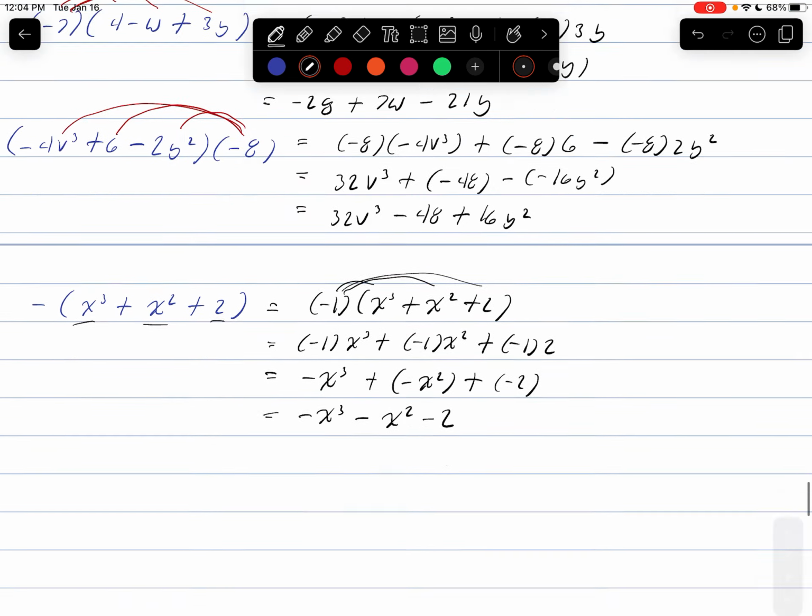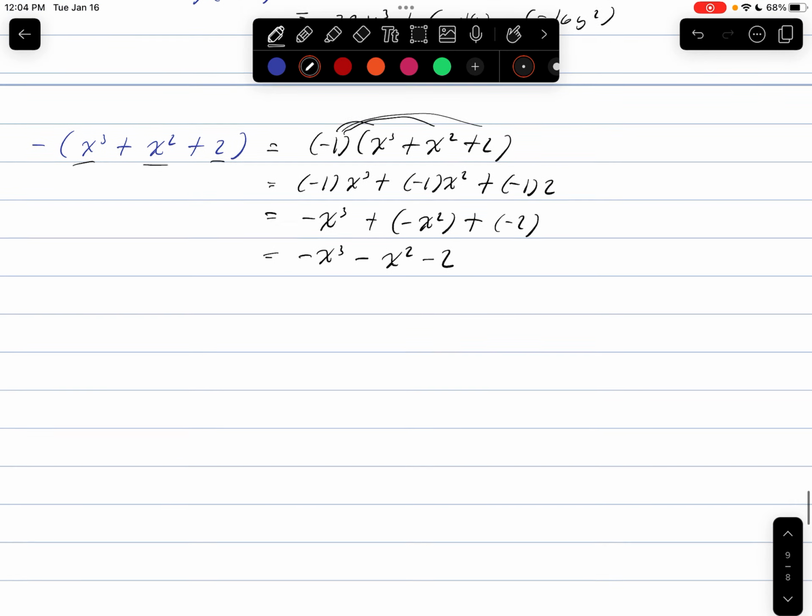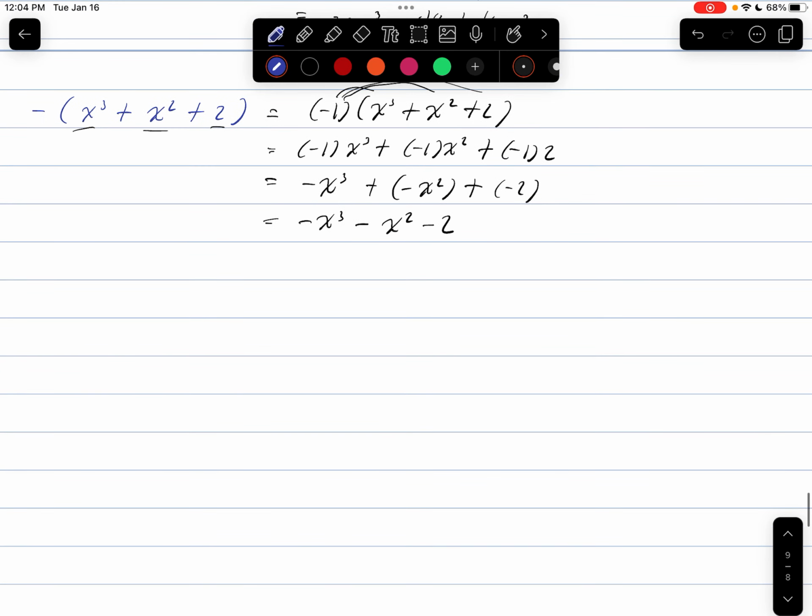Okay, so let's actually do one like that. Let's write one out. Let's say we have negative, and we'll do y squared minus 2y plus 2. If we distribute this, this is the same thing as -1 times y squared minus 2y plus 2.